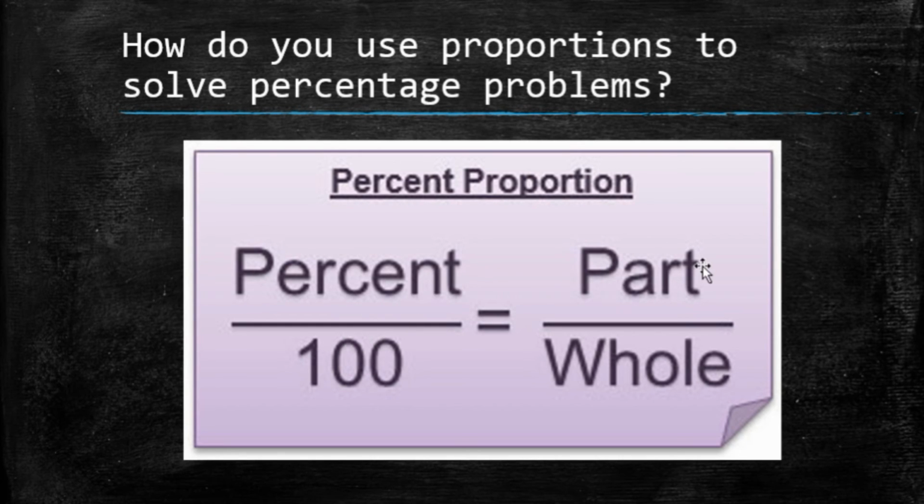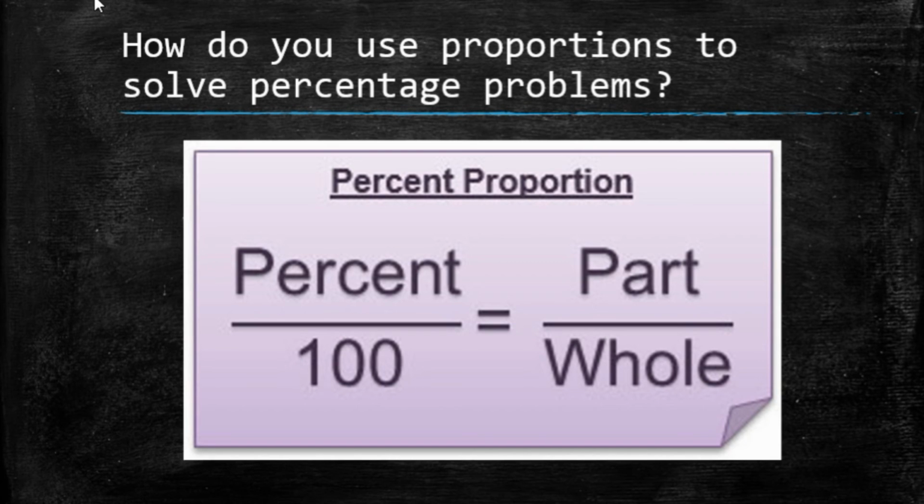By part and whole, whole refers to the entirety of the number, or the original number that you started with, and the part is the number that you'll have after you complete the percentage. So finding the specific percentage amount in that whole number, that will be your part.